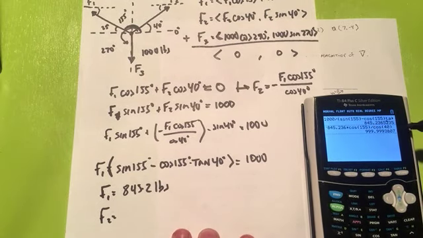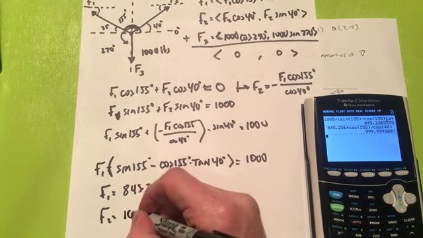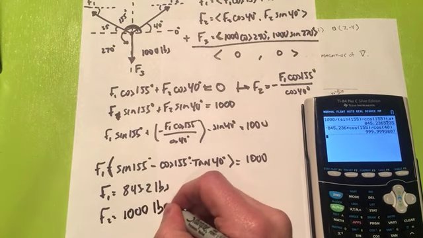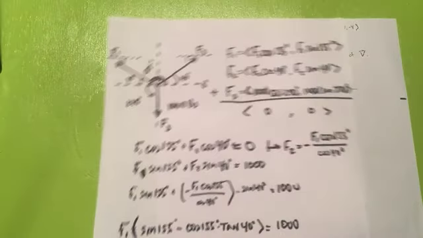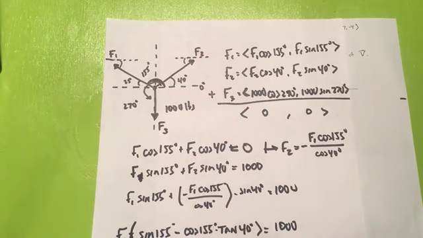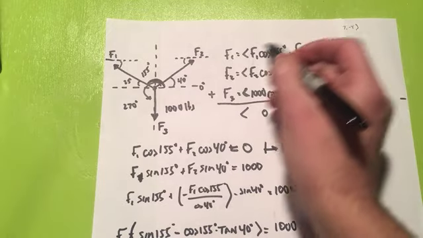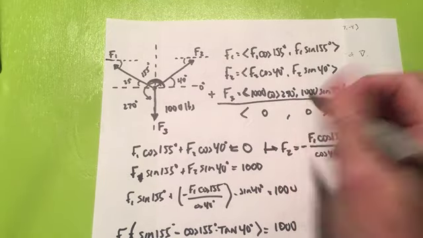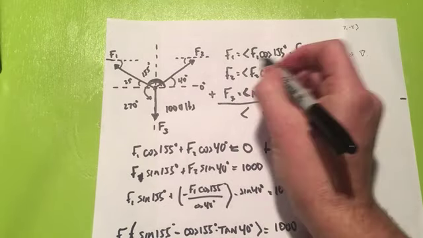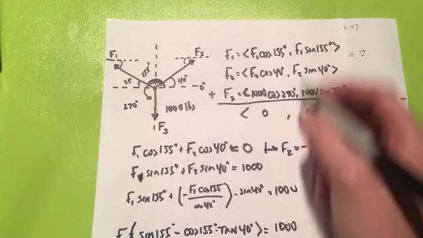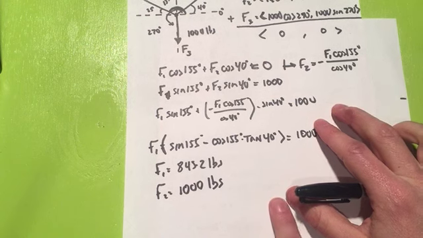We get 1,000 pounds of force. So there we have it. We've got a static equilibrium problem. The main key behind static equilibrium is that we have a sum of multiple vectors equals the zero vector. So we can find the different angles, we can find the magnitudes, save the world. See you tomorrow.